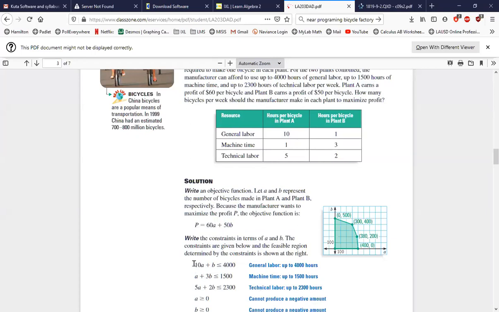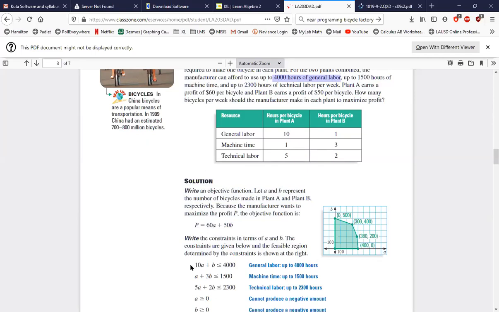So we say 10A plus B has to be less than 4,000 hours. So up here he said he had 4,000 hours of general labor that he can use, and he has to share this amongst the 2 bicycle plants.